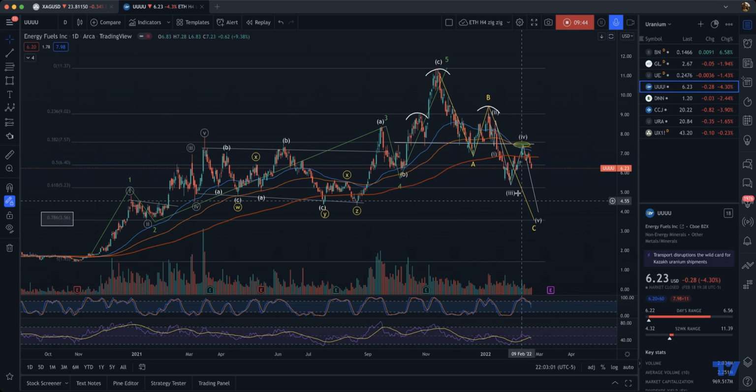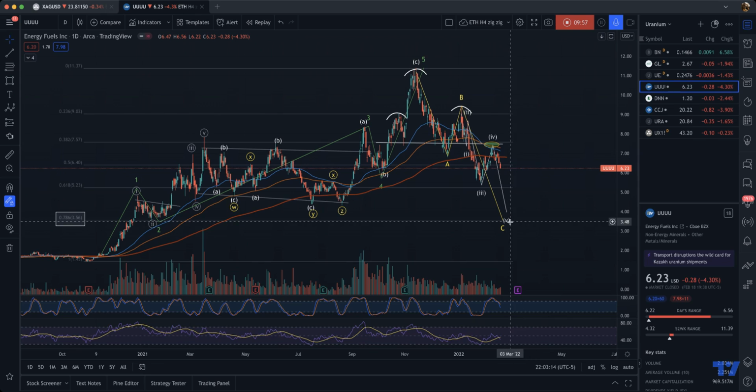So look for the completion of the B wave, the completion of the head and shoulders pattern, and then that's a buy because that'll be the bottom. We would have completed the ABC, corrected all of this, and we'll probably start either another correction, because after 5 we can do an ABC, and then like I said over here, you can shoot up at an X, or you can start an impulse.